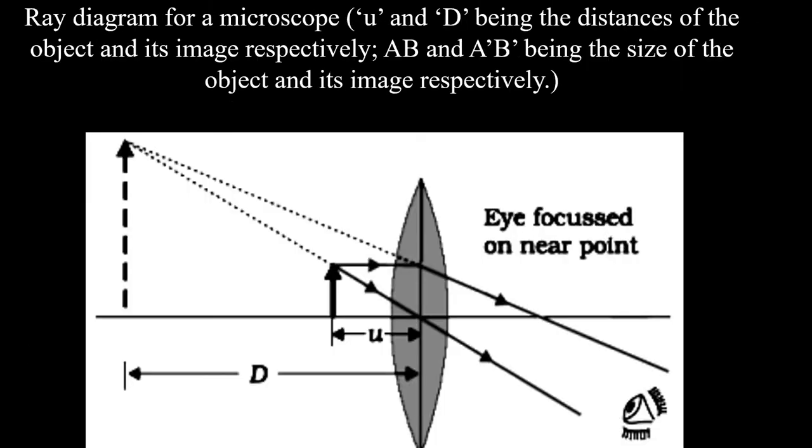Ray diagram for a microscope, where U and D are the distances of the object and its image respectively, that is, U is the distance of the object and the distance of the image is represented by capital D. AB and A1B1 are the size of the object and image respectively.